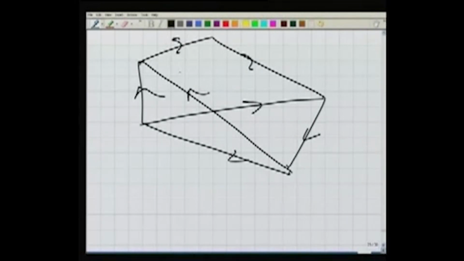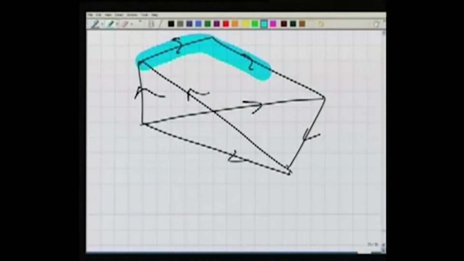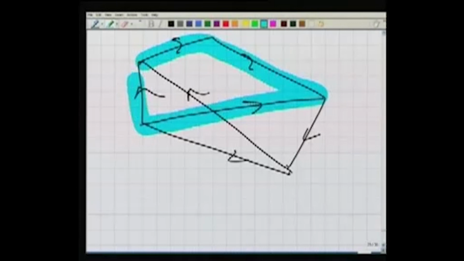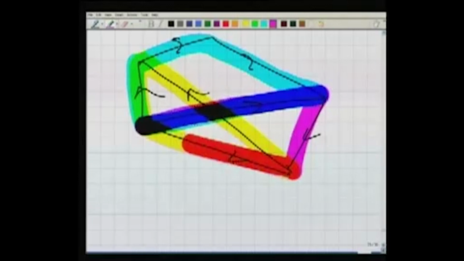So there is not a single closing loop, there are many closing loops. My observations should finally satisfy the closing condition in this loop, or maybe in this loop, or also in this loop.